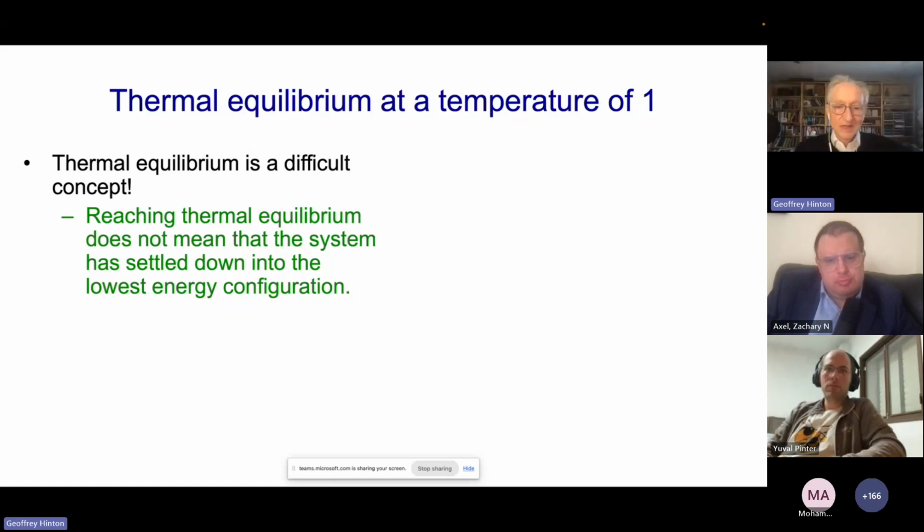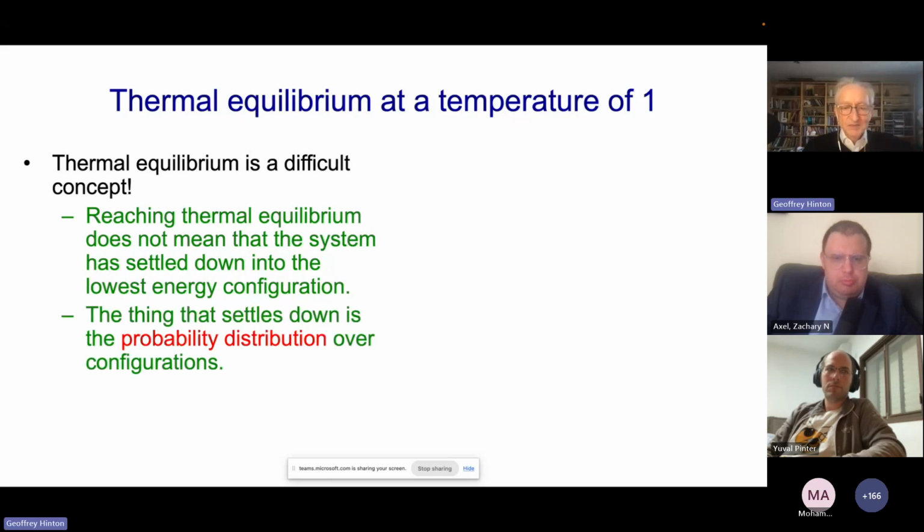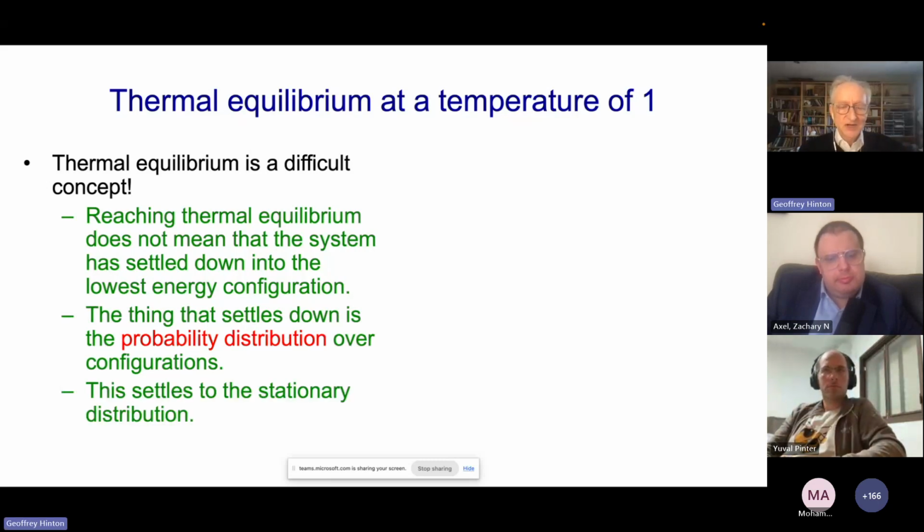Any one system at thermal equilibrium is flipping between states, but the probability distribution of finding it in a particular state has settled down. That's a hard thing to think about. Statisticians call that the stationary distribution, and physicists call it thermal equilibrium.